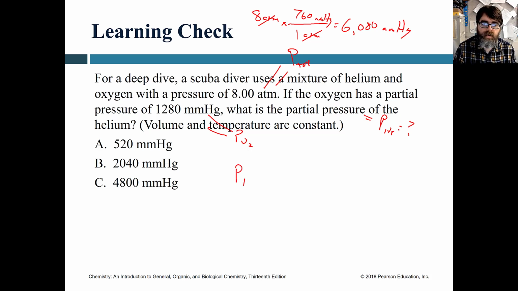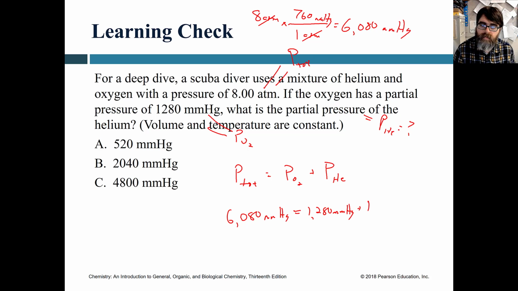Once again, pressure total is equal to the partial pressures of each, so that's the pressure of O2 plus the pressure of helium, and we can plug in those numbers, so we know that this 6,080 millimeters of mercury is equal to 1,280 millimeters of mercury plus the pressure of helium. Well, now at this point, it's just a quick algebra problem.